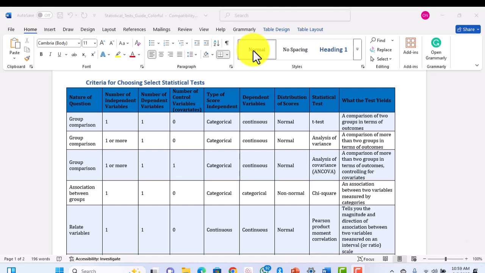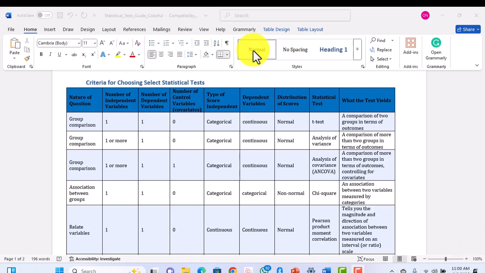You gave a group a particular teaching method, the other one will be one shot case study with a control. But you don't have a pre-test, just post-test alone. You give a group a method of teaching. The other group, you did not give them that method of teaching, and you give them a post-test. So you are comparing, group comparison.